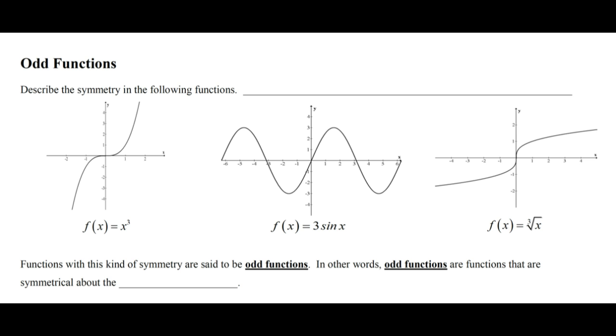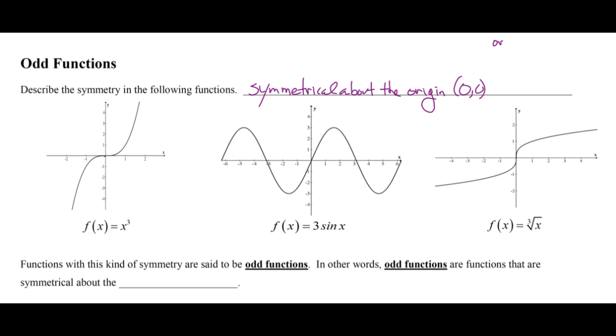So it's symmetrical about 0, 0, which is a rotation of 180 degrees. So symmetrical about 0, 0, or about the origin. Symmetrical about the origin, which is 0, 0. And another way to say that is it's rotated 180 degrees about the origin.